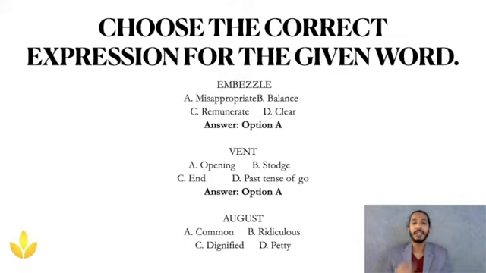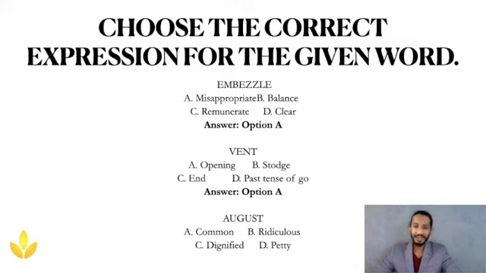August basically means respected and impressive. So what means respected and impressive here? Common? No. If common was respected and impressive, we all would have been Augusts. Ridiculous. That's the exact opposite of impressive.